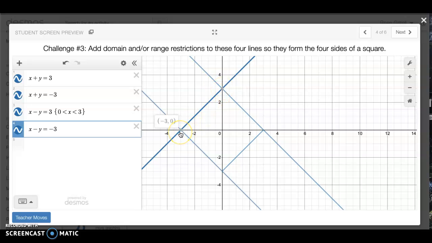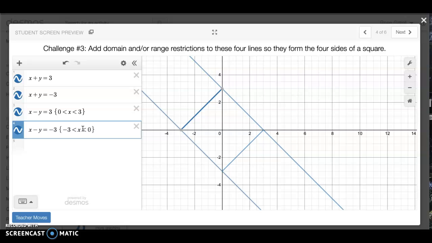I'm looking at the x, so the left coordinate, negative 3 and 0. That's how I'm going to get that line, by restricting it so it only is graphed between x values of negative 3 and 0. And there we go. Almost looks like a square.